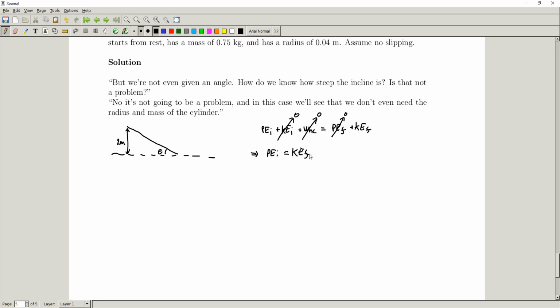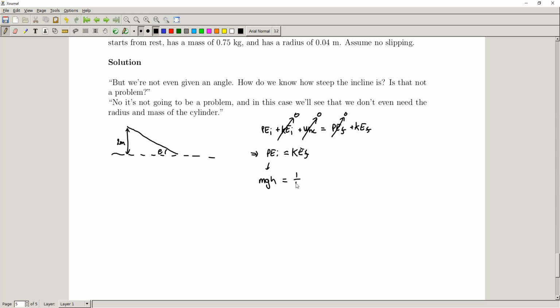Okay. And now let's write out these terms in terms of variables that we're used to working with. Our initial potential energy is just going to be a gravitational potential, so that's just mgh. And our final kinetic energy, well, now we need to be a little careful, right? We know that kinetic energy can come in the form of translational kinetic energy or rotational kinetic energy. So let's start off.